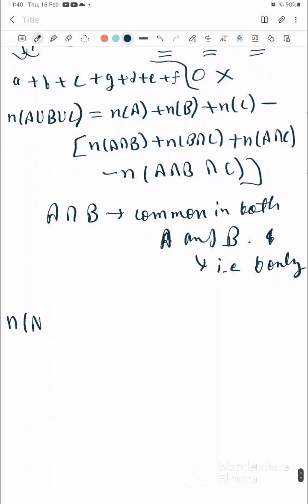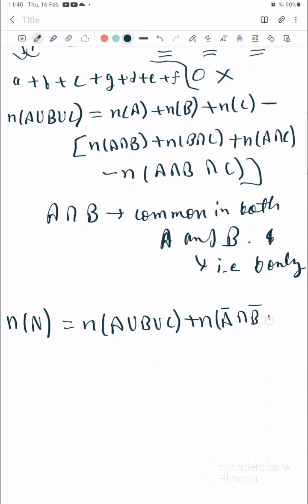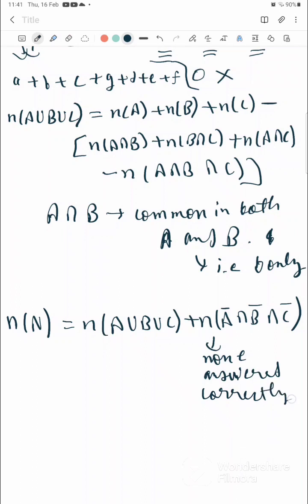Total number of students can be n(A union B union C) and n(A bar B bar C bar), none answered correctly.